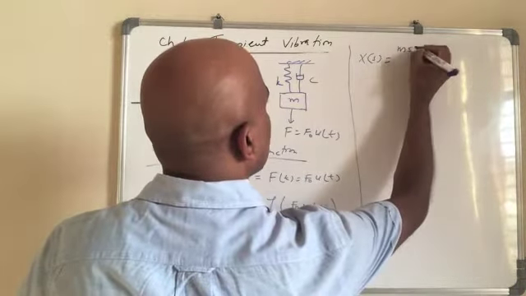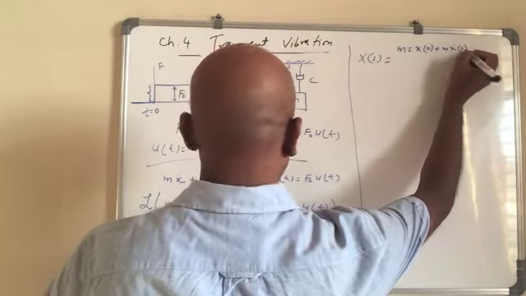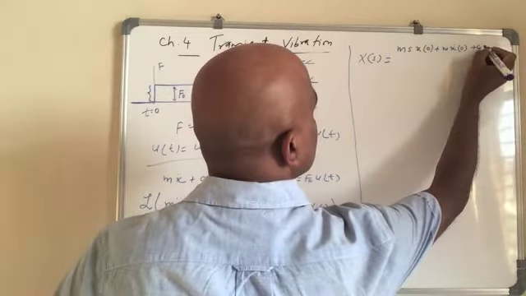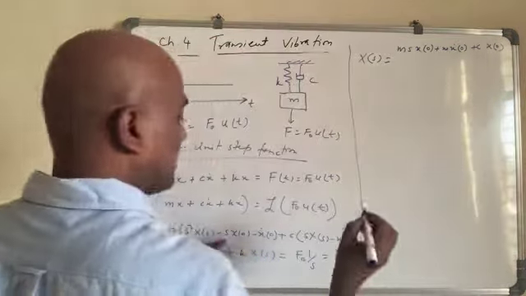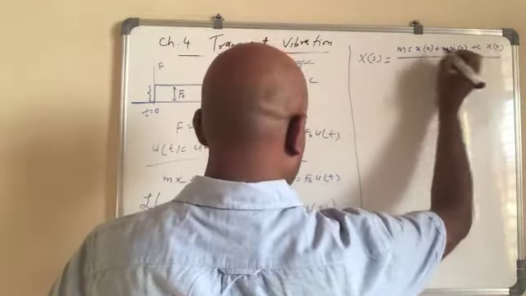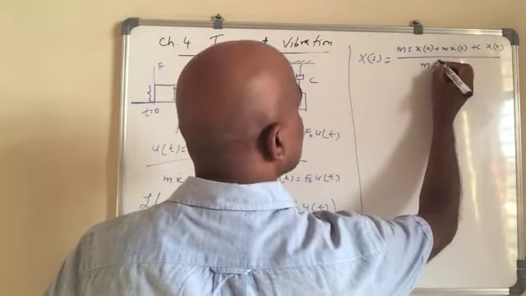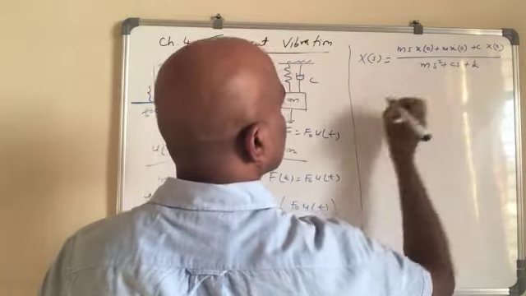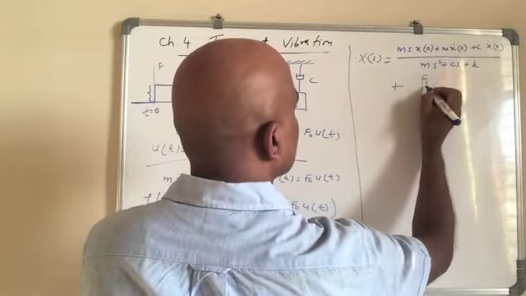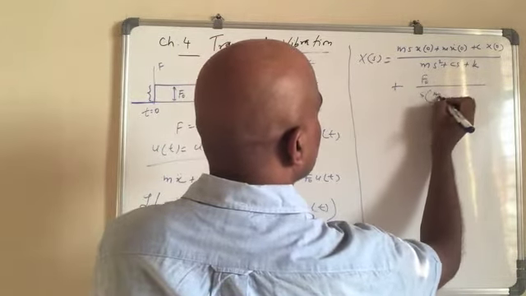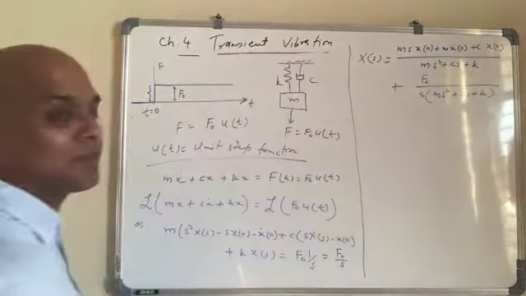We get (m s x0 plus m x dot 0 plus c x0) divided by (m s square plus c s plus k), plus we have this term as well, plus f naught over s divided by (m s square plus c s plus k), we have this also.